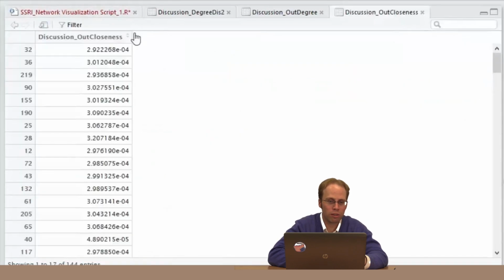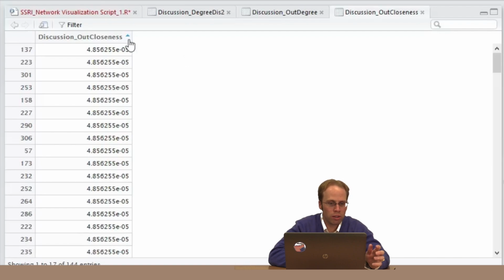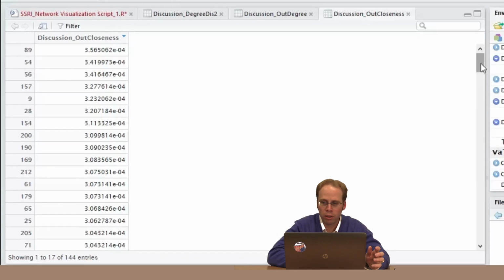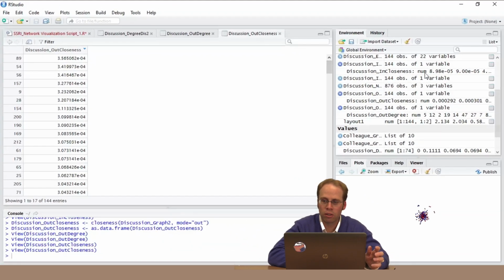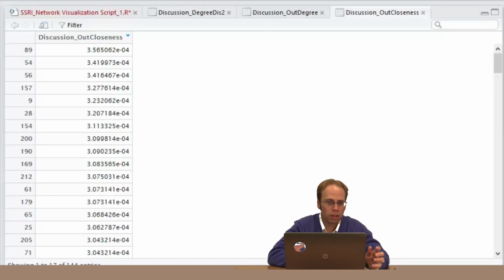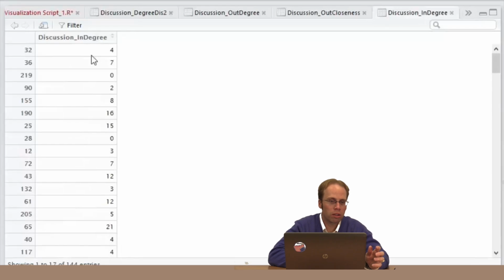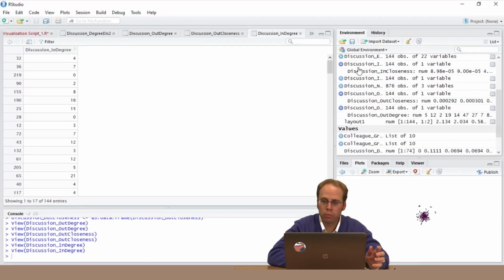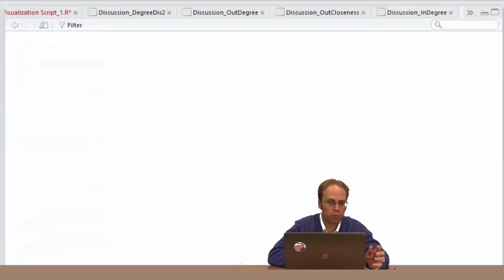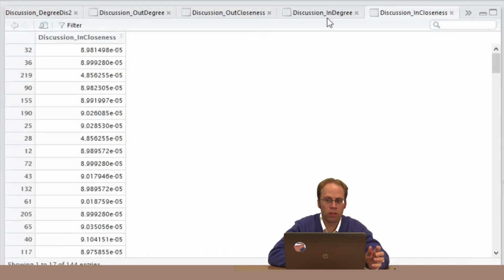Okay. Let's try this again. There's a little more variation. I knew that was too good to be true. So top is 4. Actually, is there more? Let me compare these. Top is 4, bottom is 3. Let me look at that. Actually, I think that there's less. Yeah, there's our out degree. Let me do in closeness. Yeah, there's less variation in out closeness.